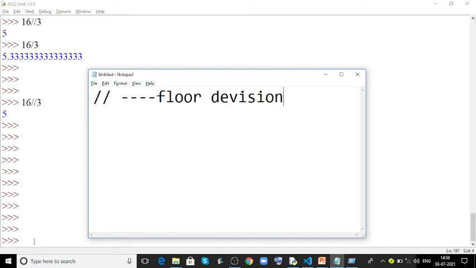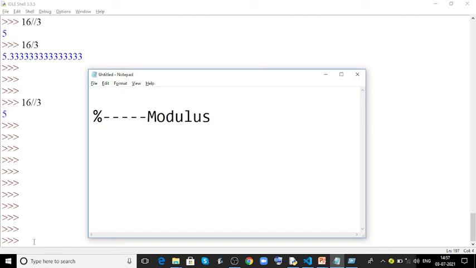Now the next operator I am going to explain to you is modulus. This one was floor division. This operator is known in Python as modulus. This percentage sign means modulus. Now understand how this operator will work.